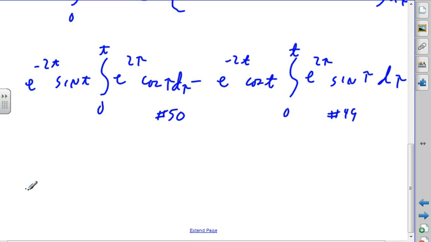And so we're going to have e to the minus 2t sine t times, okay, that's number 50. So that's e to the minus 2t. No, it isn't.